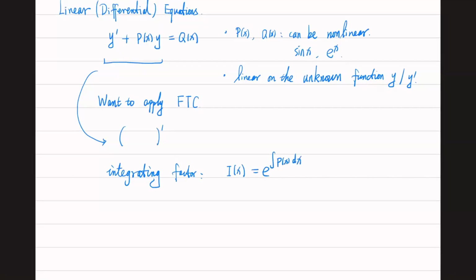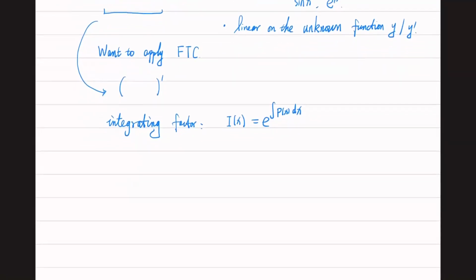So what is this integrating factor? It's the exponential of an antiderivative, or indefinite integral, of this function p. We just need one of them. This is what happens if we multiply everything by this integrating factor.